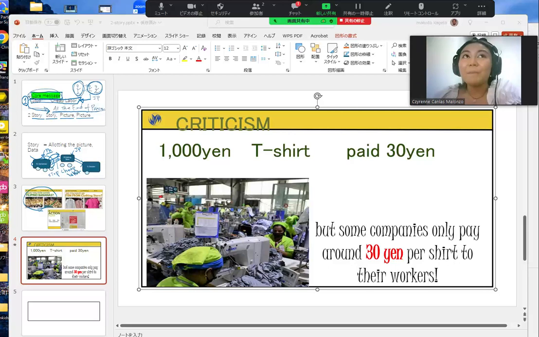So that is a big difference. You buy something for 1,000 yen, but the person who made your shirt was only paid 30 yen. So that is a problem when it comes to cheap labor.